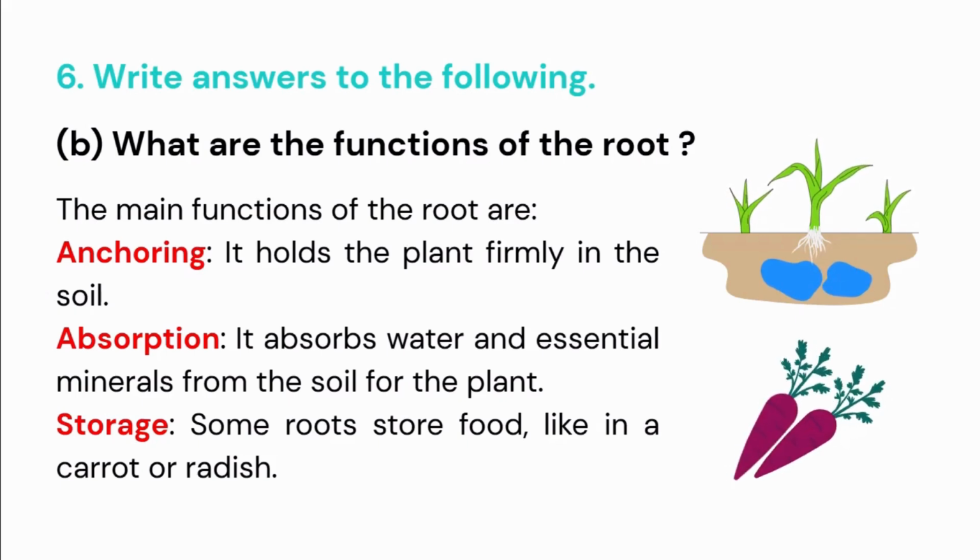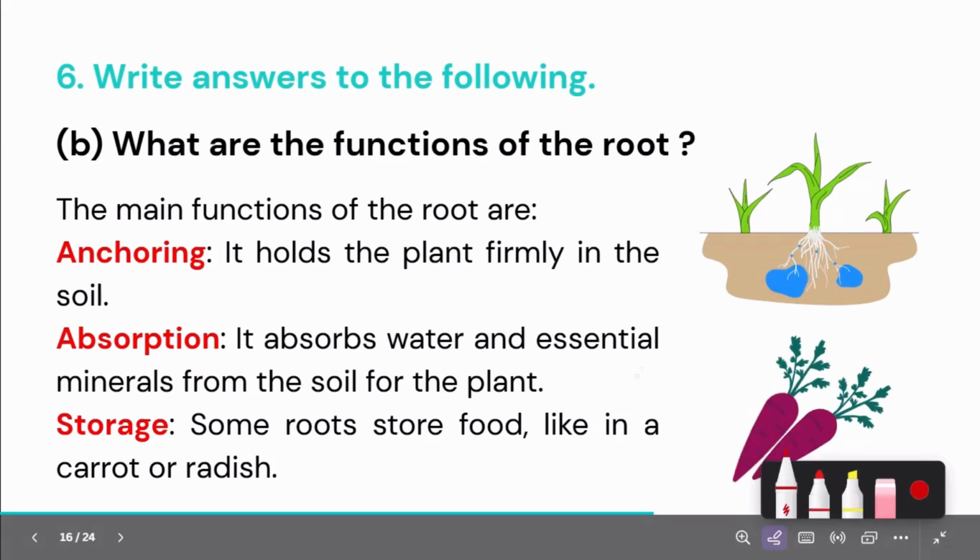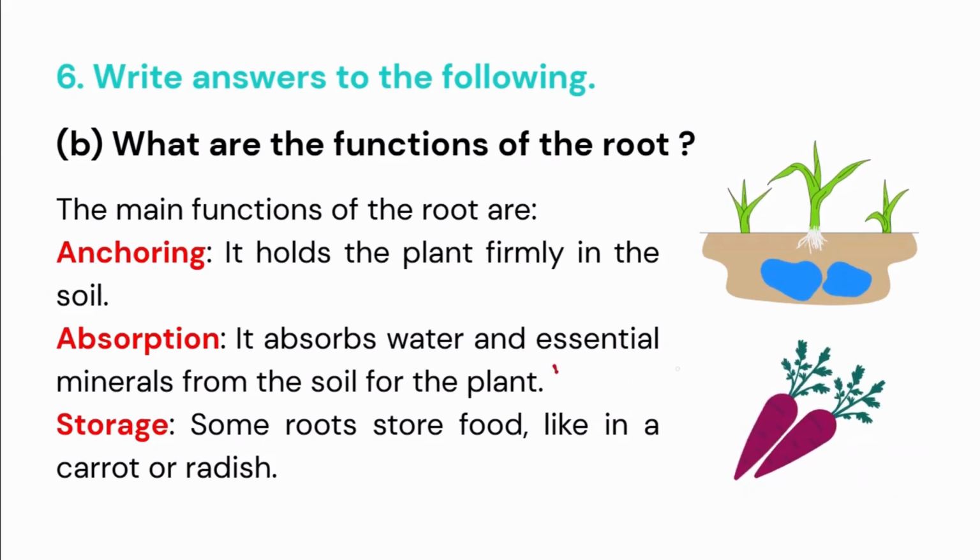Then the storage. Some roots store food, like carrot and radish. Basically, they are roots, and they store the food of the plant. That's why they show some modification, and that stored food we use as food for us.